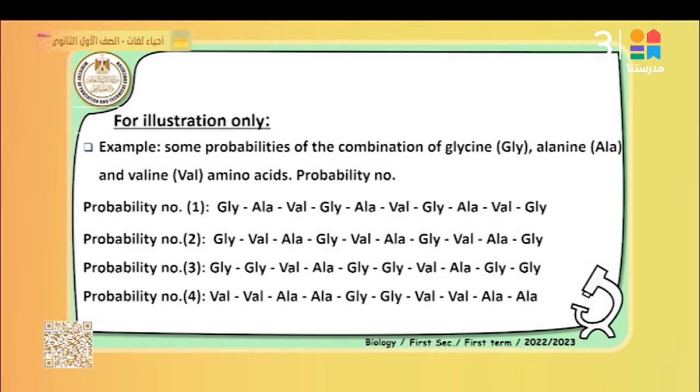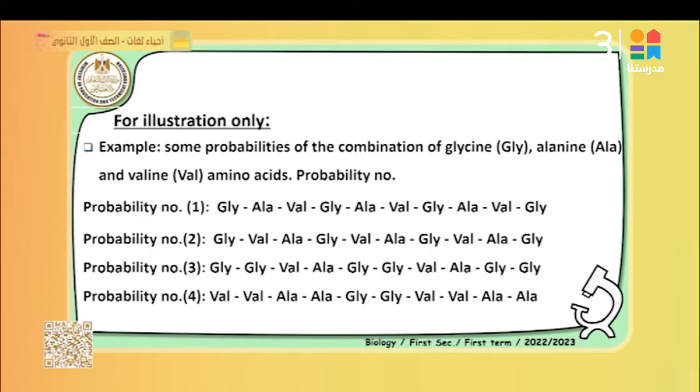Example of some possibilities of combining glycine (GLY), alanine, and valine amino acids. There are three types of amino acid: glycine, valine, and alanine. Put together, we can obtain a large number of proteins by changing the number, order, and types. For example, possibility number 1: glycine, alanine, valine, glycine, alanine, valine, glycine, alanine, valine, glycine.